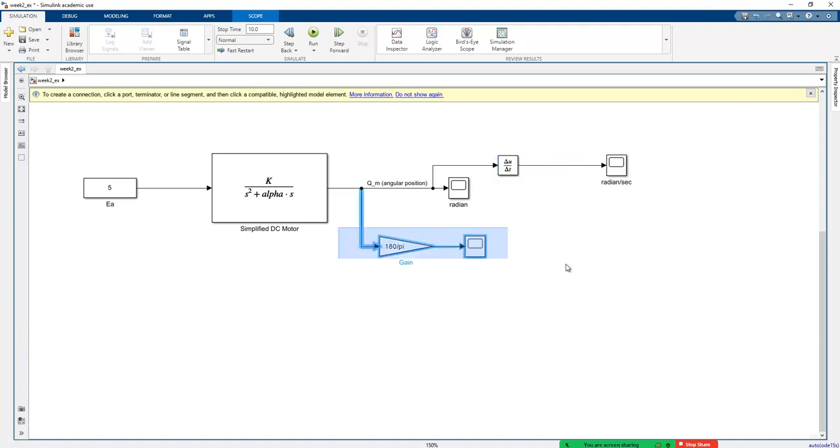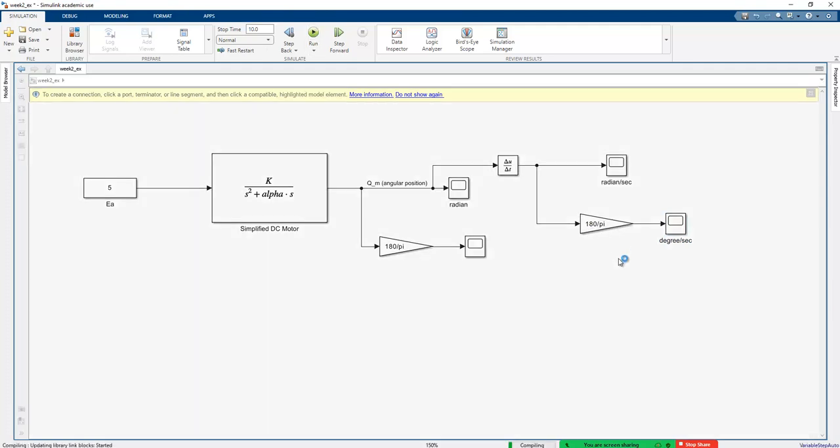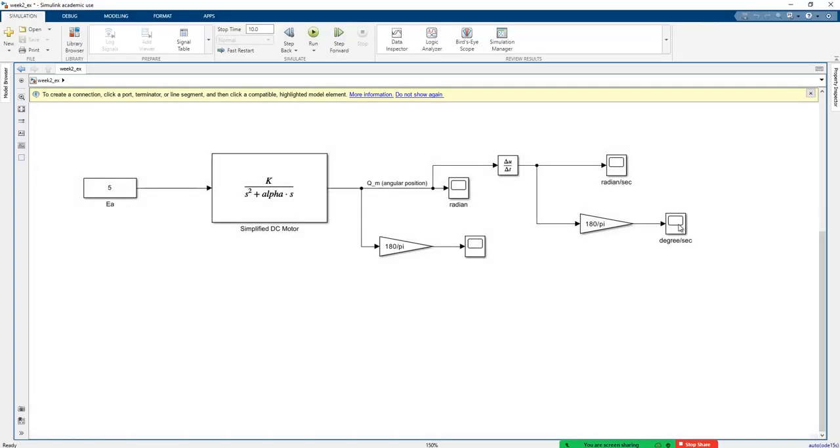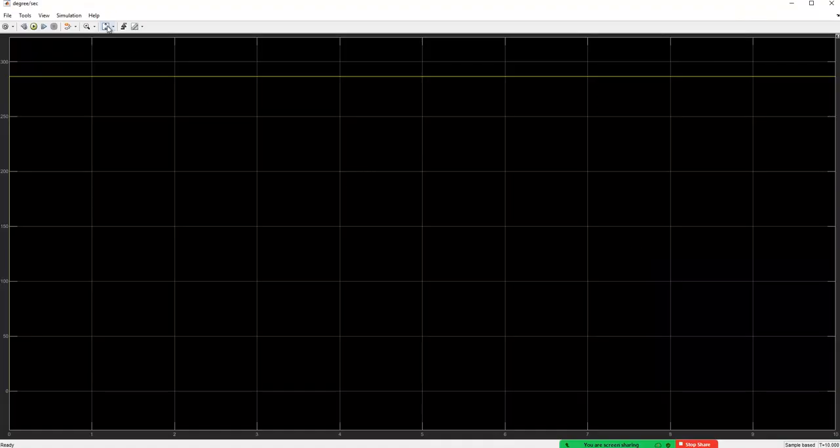Or we can add another term, this degree divided by sec. Okay, and if I rerun this code, then we will have the angular velocity values of these terms.